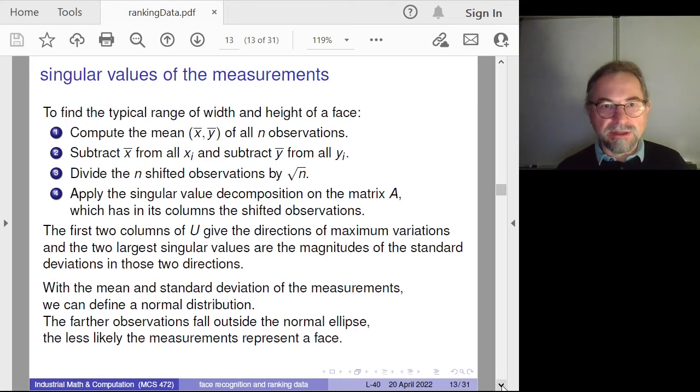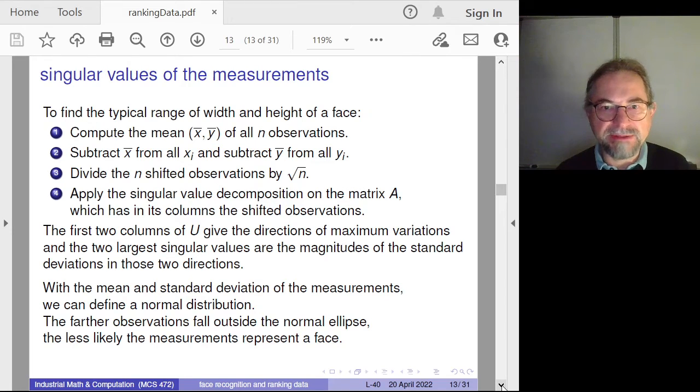We will take into account the standard deviation, so we will still divide by the square root of the number, and then we will compute a singular value decomposition. And the first 2 columns of this matrix U, now remember this exercise.